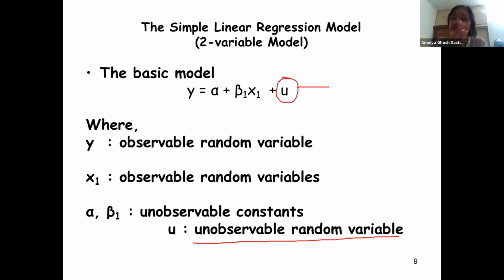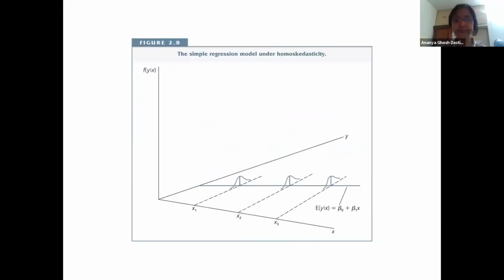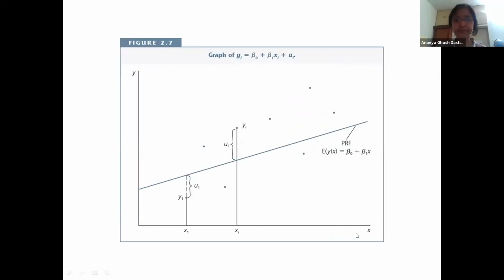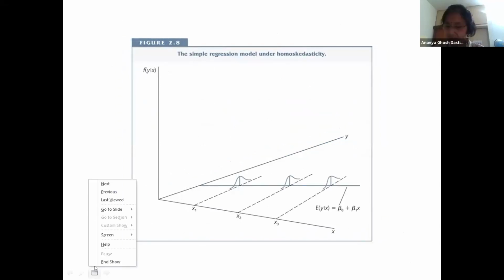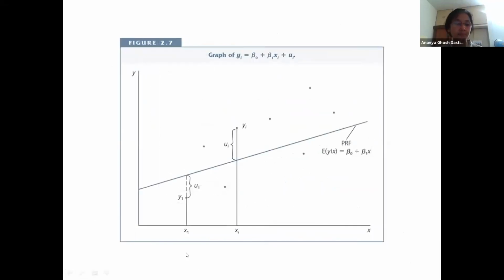Let me just show you a picture, and then I think this point may be a little clearer. So this is the picture that I wanted to show you. I have over here x, which is my explanatory variable.